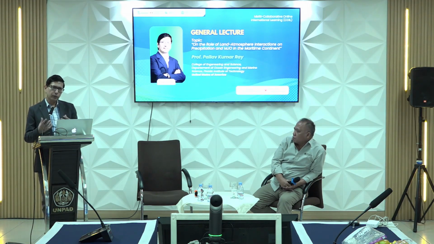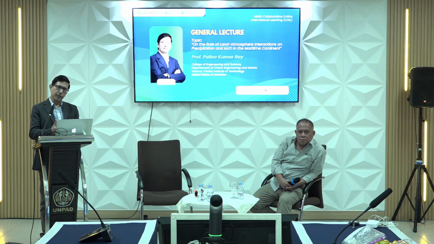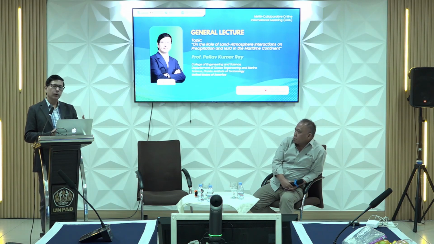So if you want to understand the influence of MJO, ENSO, and monsoon, let's start with a time when there is only MJO. There is no monsoon and there is no ENSO. So you have some idea about how MJO will impact. Same thing for ENSO. You choose a time when there is no MJO and no monsoon, and then understand the impact of ENSO. That has been the standard way of doing it.